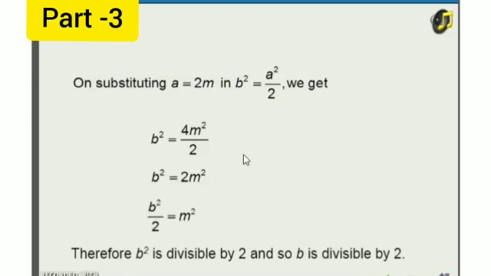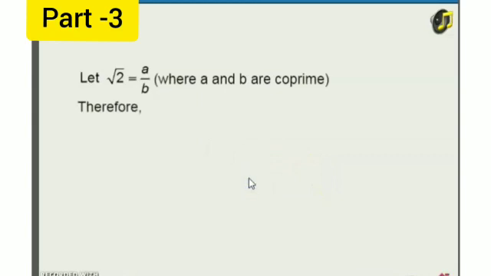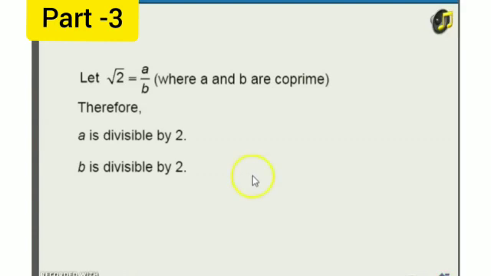What you see here: we assumed that root 2 equals a by b, where a and b are co-prime, meaning they have no factor other than 1 and itself. But what we observe here is that a has factor 2 and b also has factor 2. It means the common factor is more than 1. Therefore, a is divisible by 2, b is divisible by 2.